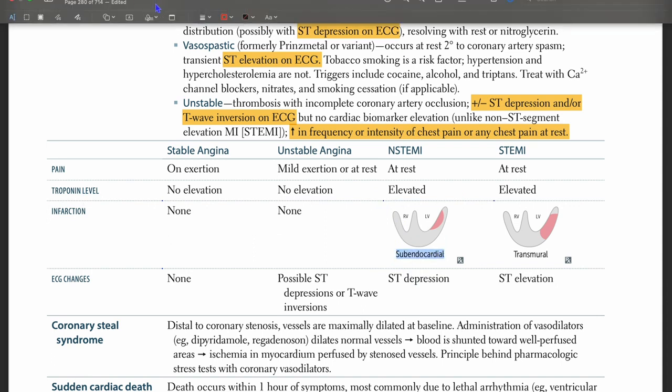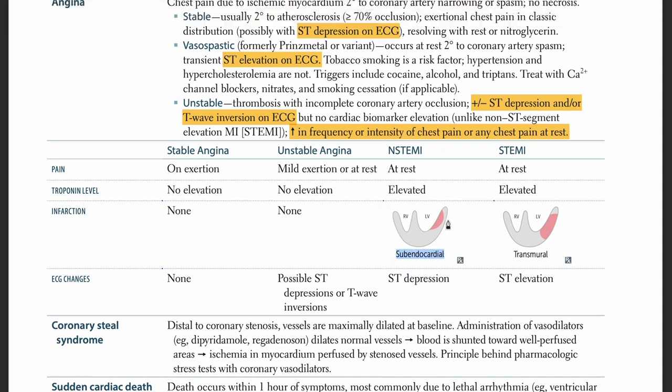Subendocardial means just this part, it could be anywhere, even closer to the edge, but not the whole thing. That's still subendocardial, because it can still go from point A to point B faster, because it has less work to do.